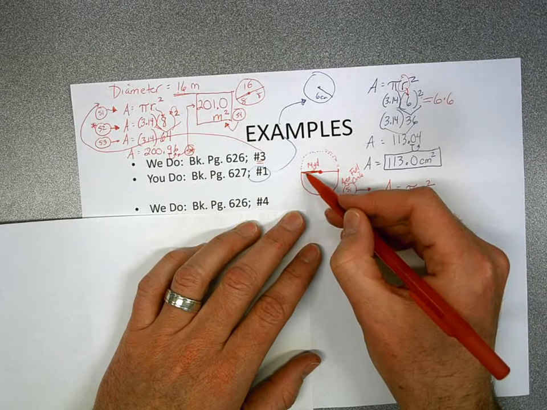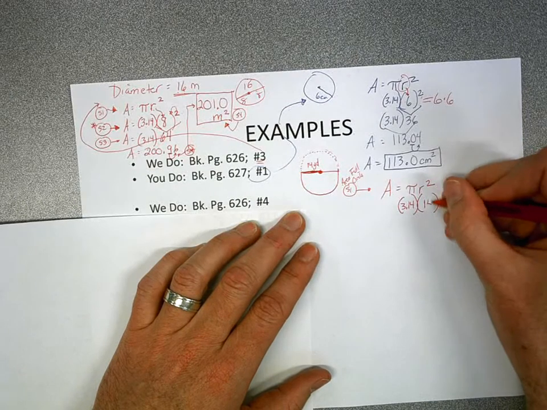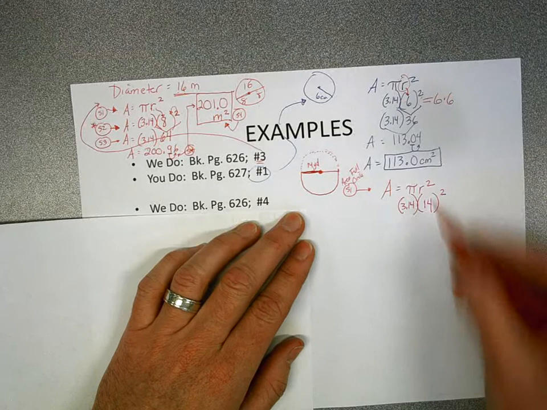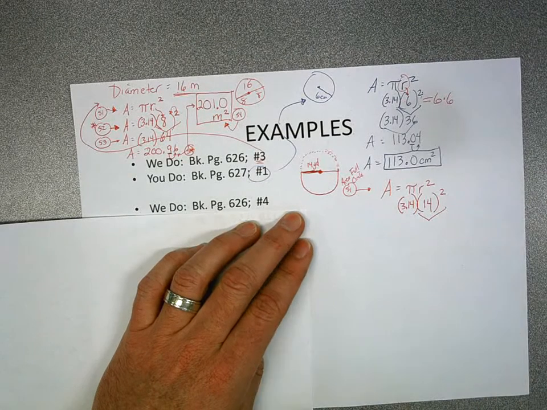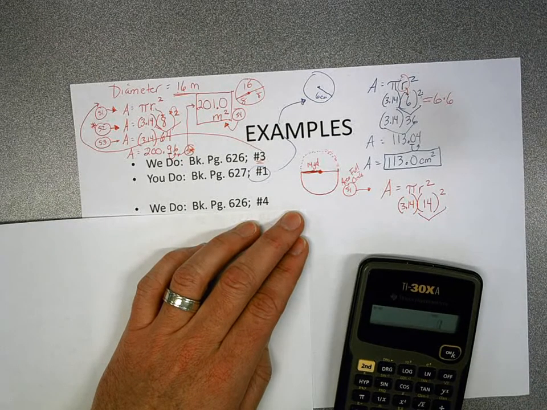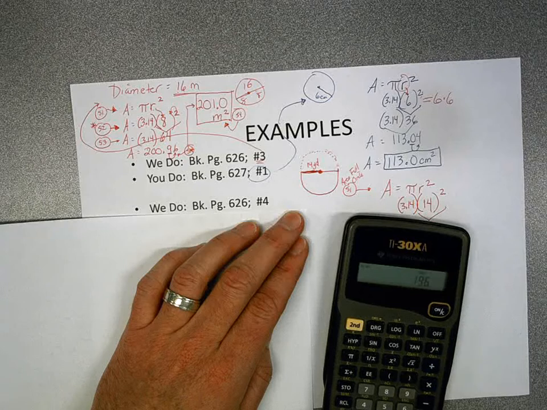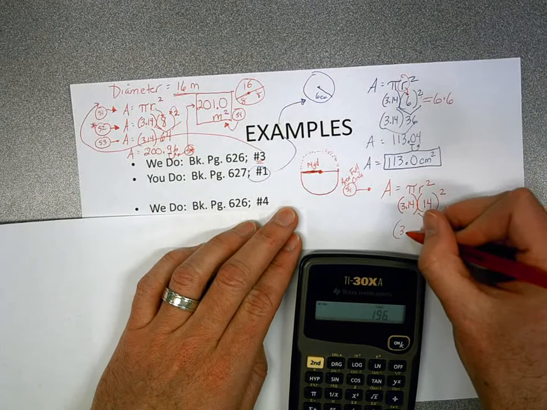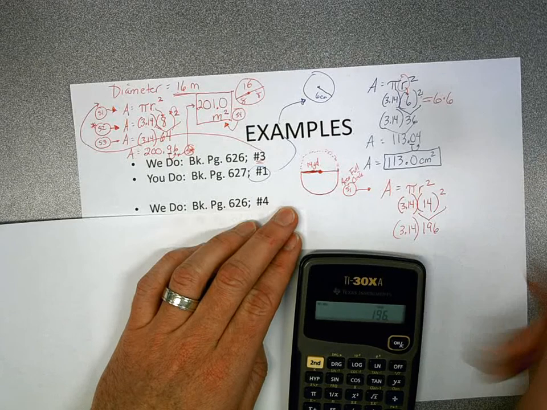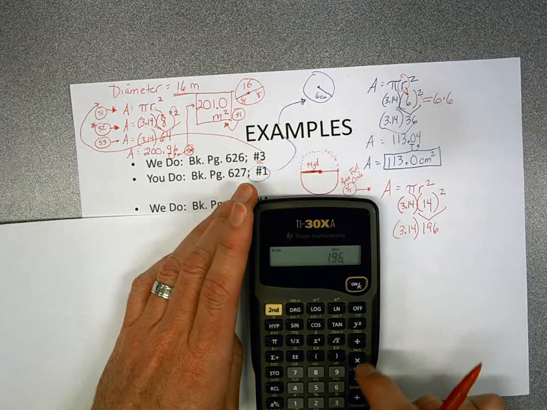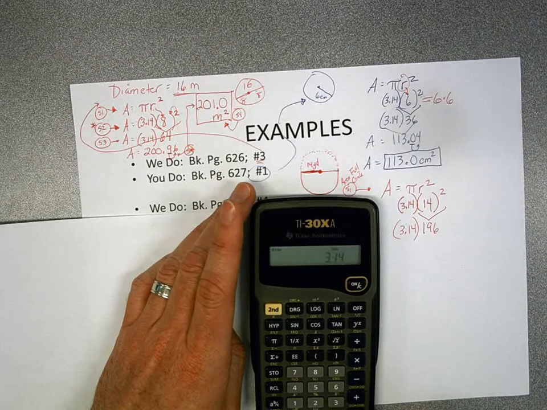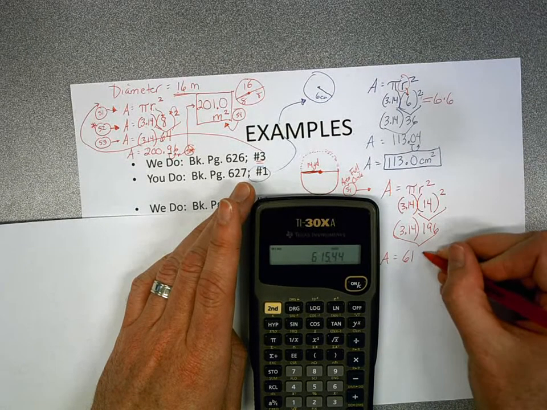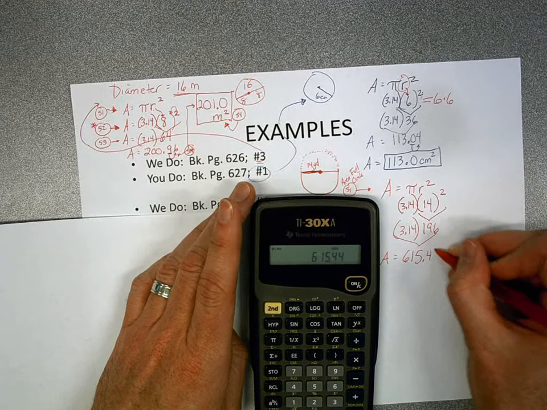That's our radius. So it's 14 squared. When I go to simplify this, 14 squared is 14 times 14, which equals 196. And then I bring down my 3.14 and I multiply those two together. So times 3.14, and I get the area is equal to 615 and 44 hundredths.